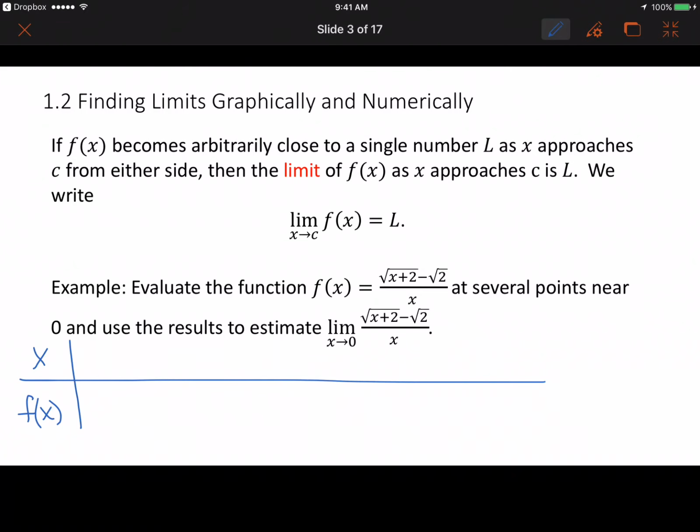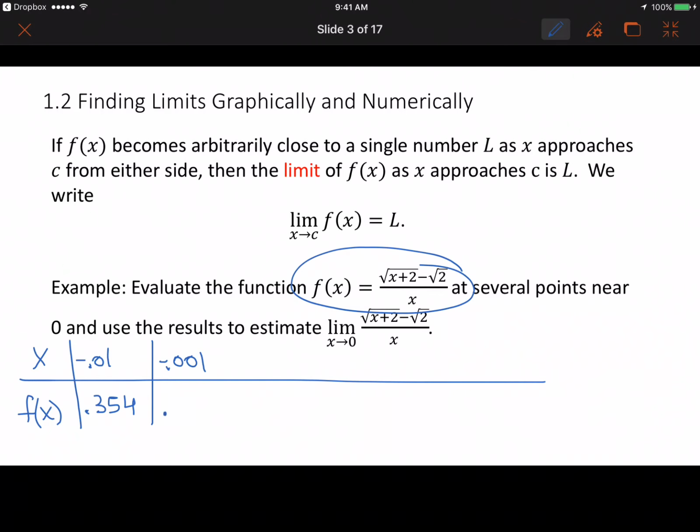So let's start from the left, and let's plug in negative 0.01. Okay, so you're going to plug it into this function f. So get out your calculator and plug that in. You should get 0.354. All right, let's get a little closer. Let's plug in negative 0.001.